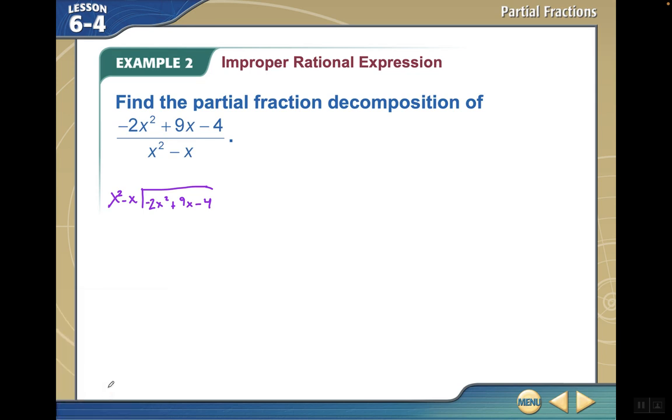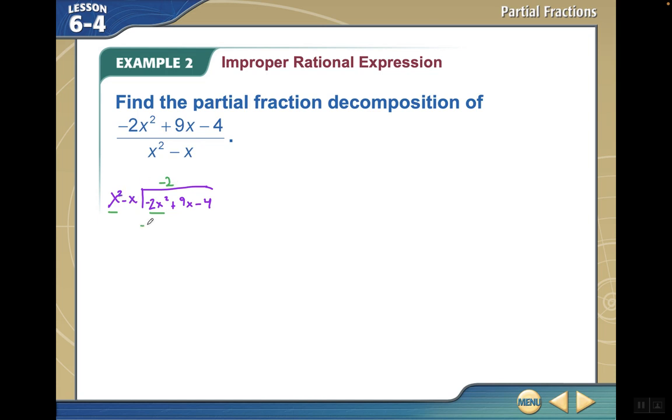How we do this is that first term and this first term, you got to think, what can you multiply x squared by to get negative 2x squared? Well, that's just a negative 2. Then I'm going to multiply negative 2 to both of these terms.